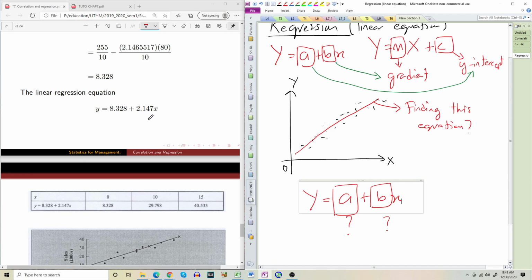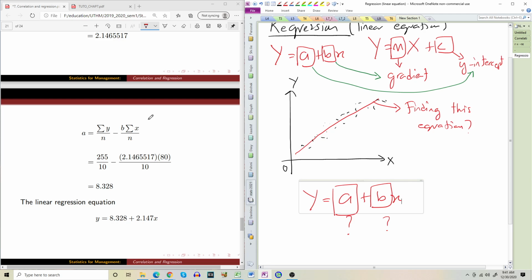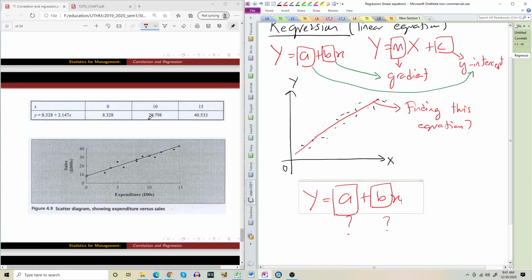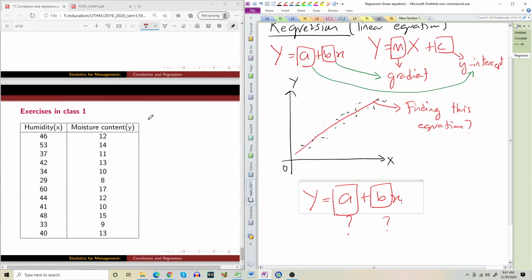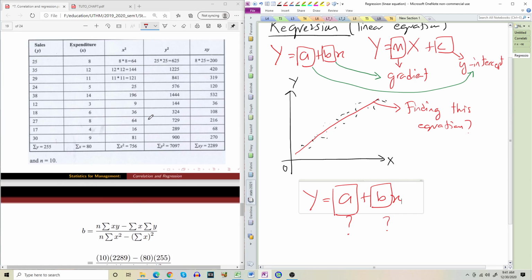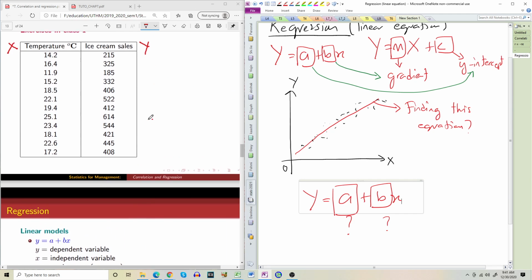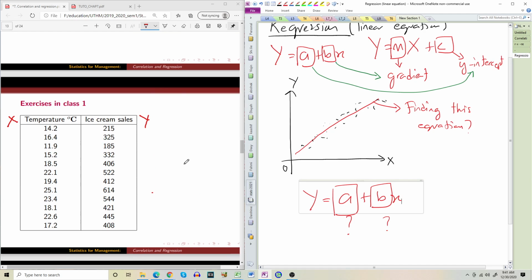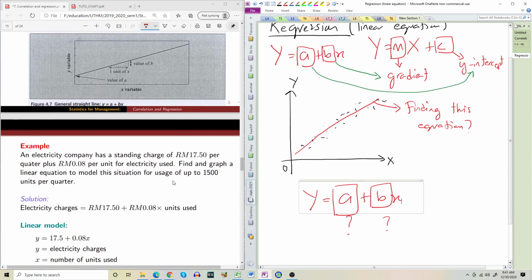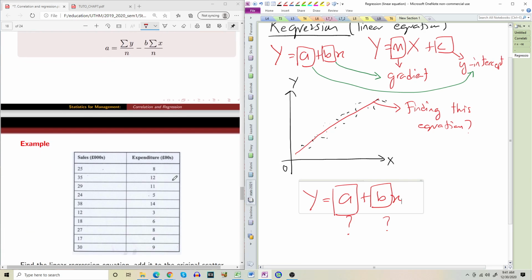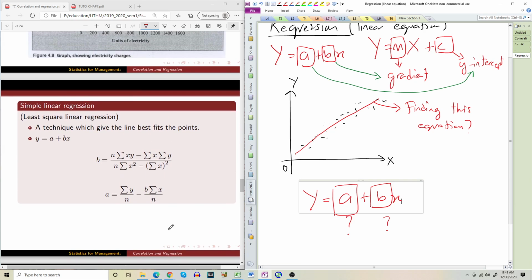Now what I want you to do, just now we have this one, isn't it? Temperature and ice cream sale. Can you find the regression line? Use the same summation you have, put inside this formula A and B and find me the line.